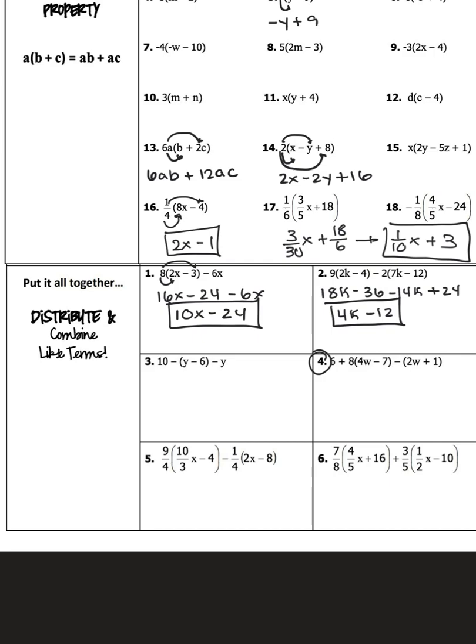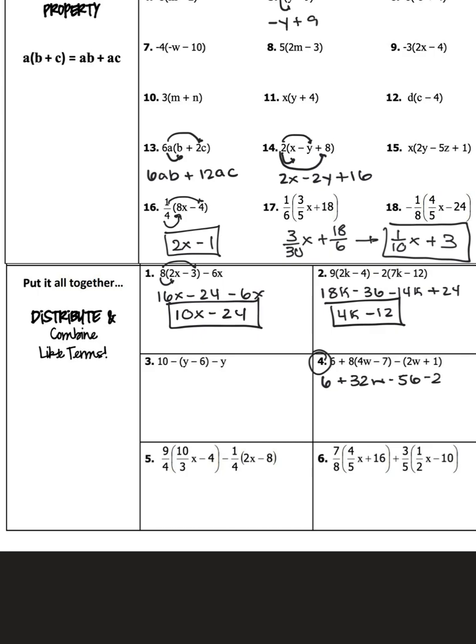Alright, so now taking a look at this. My 6 is going to stay the same for right now. 8 times 4 gives me 32w. 8 times 7 gives me a negative 56. Remember here, anytime you see this subtraction symbol, you're multiplying by a negative.